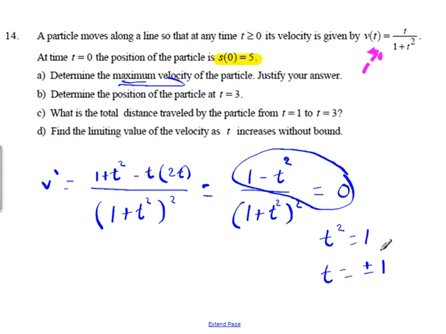All right, well, is it a max or a min? So here we make a derivative chart. We get t and v prime, and since I'm looking at time greater than 0, I don't need to worry about the negative 1. So I just need to look at time equals 1, time less than 1, and time greater than 1.